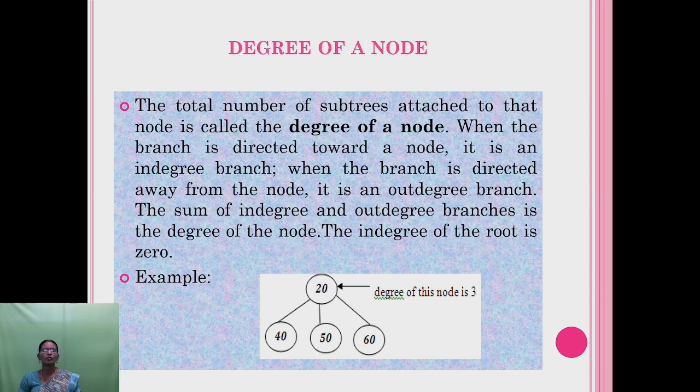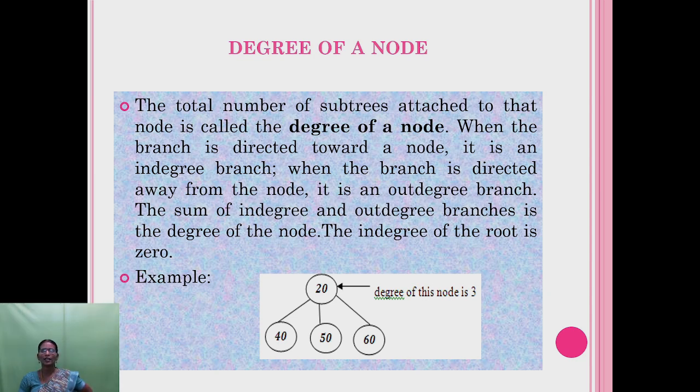The degree of the node means the total number of subtrees attached to the node. Here you see that 20 is the root node. There is no in degree. Only the three nodes 40, 50, 60 can be seen away from the node, so only the out degree is available.